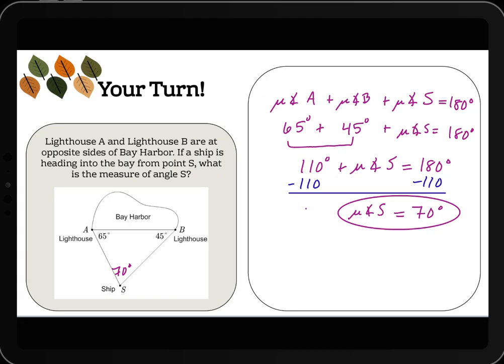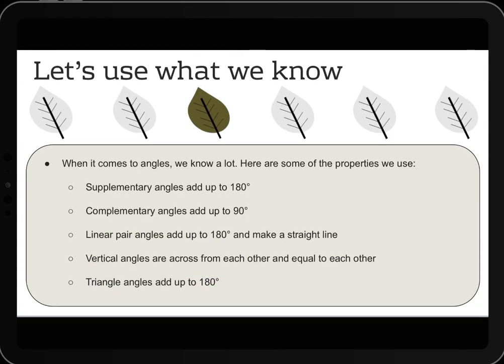Now, we want to use the information that's available to us when it comes to angles, and those are properties, right? We know that supplementary angles add up to 180 degrees. We know that complementary angles add up to 90 degrees. We know that a linear pair is going to add up to 180, and it's going to make a straight line.